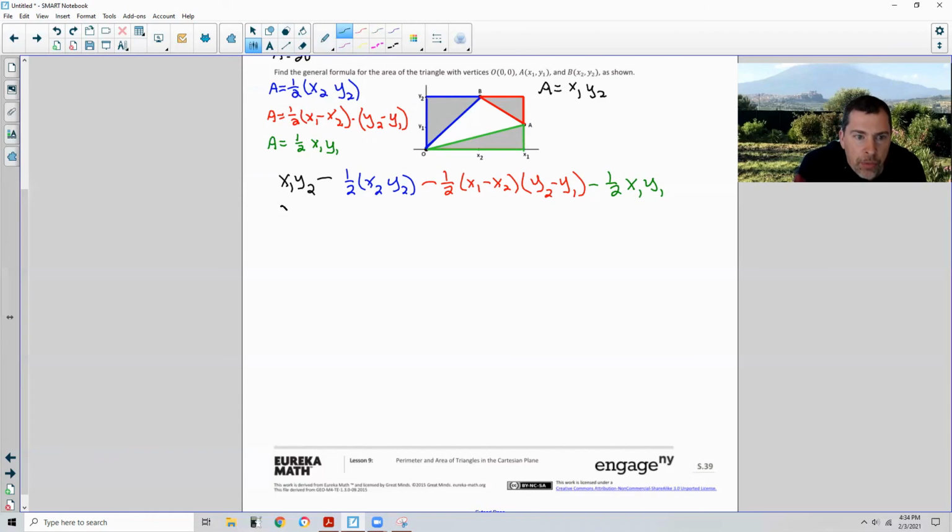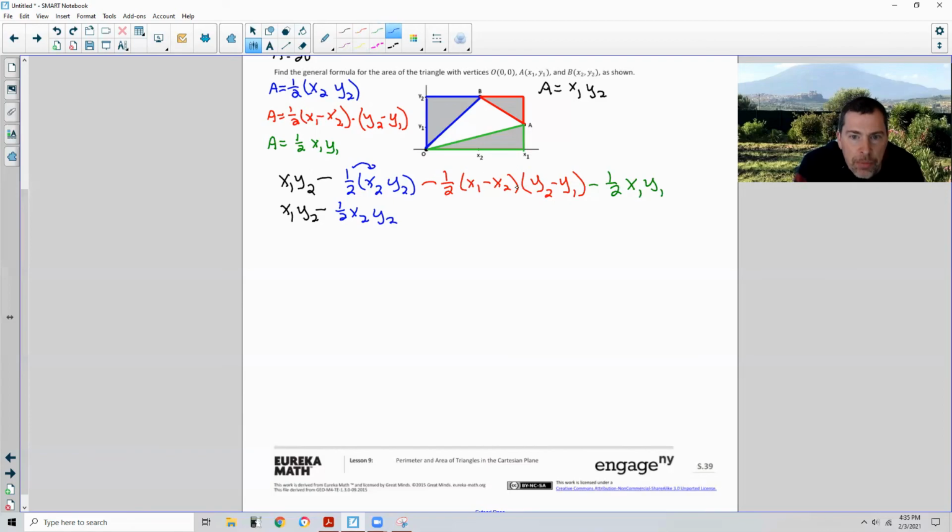And what does that mean? Well, distribute. So x sub 1, y sub 2 doesn't change. Minus. But now I'm going to distribute this 1/2. So that's going to be 1/2 x2, but I can't distribute here because there's no plus or minus. So think of this one as just simply 1/2 and then x2, y2. It's all multiplied together, so it doesn't have anything here.